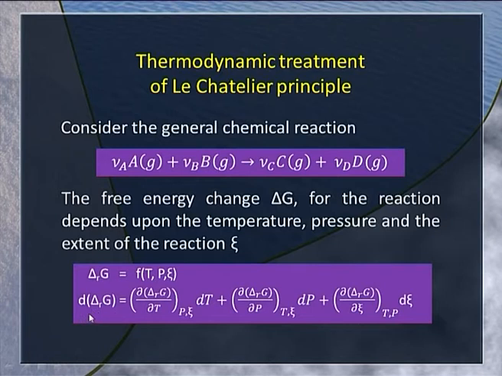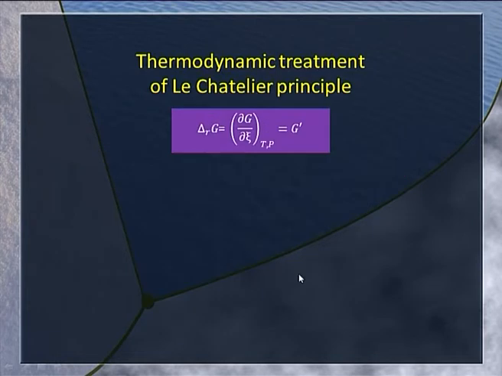If you look at the differentiation of this term, it has the partial derivative of all three terms, that is, the partial derivative of delta G with respect to T at the other two parameters constant, the partial derivative of G with P, and the partial derivative of G with xi, which is the extent of the reaction. We are going to get an expression.